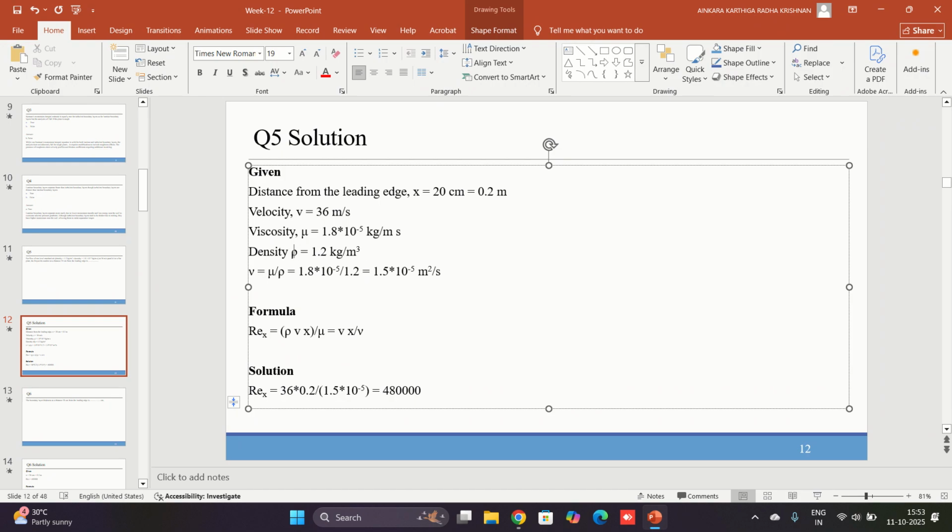Density of air, and this is kinematic viscosity of air.